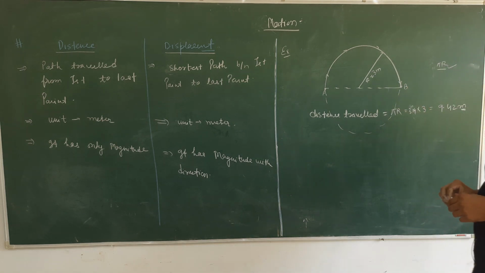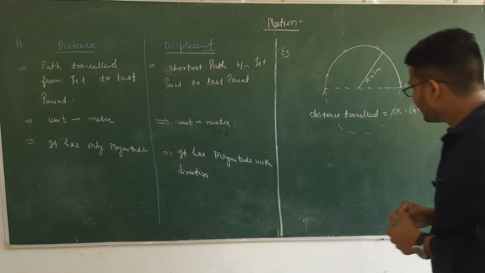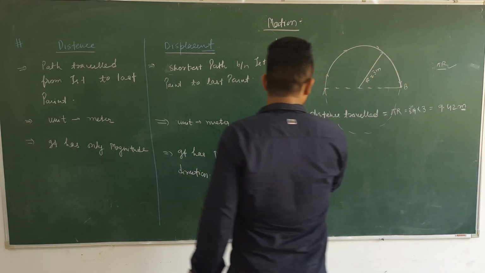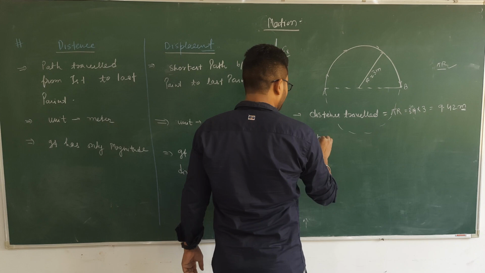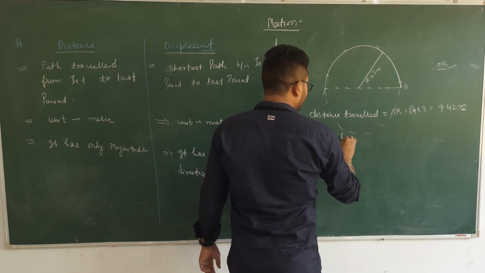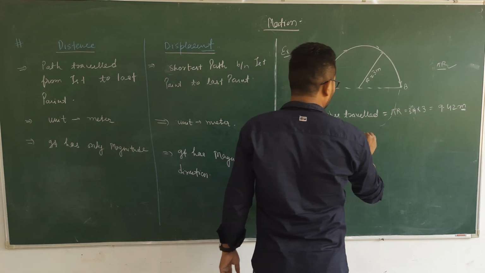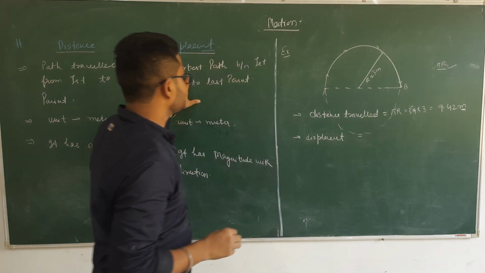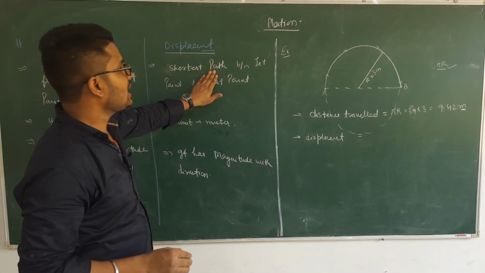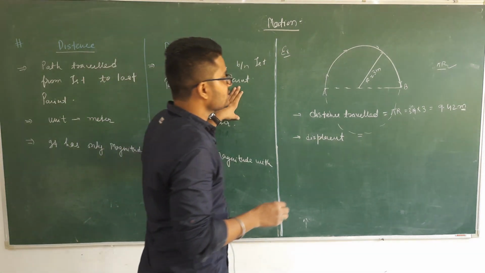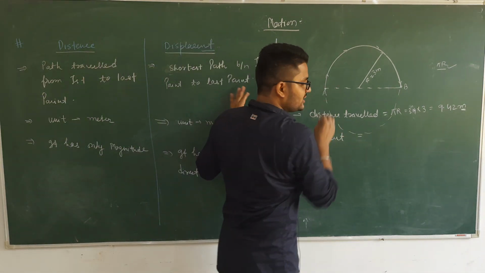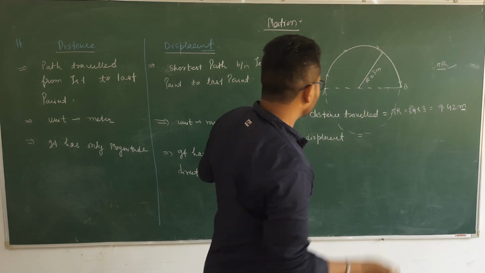Okay, beta. Next thing is displacement. What is the definition of displacement? Displacement is the shortest path between first point to last point. So what is the shortest path?